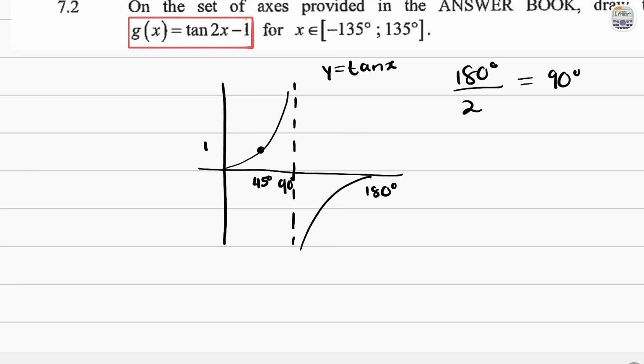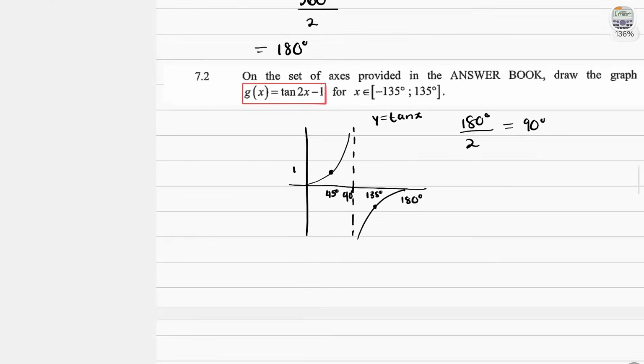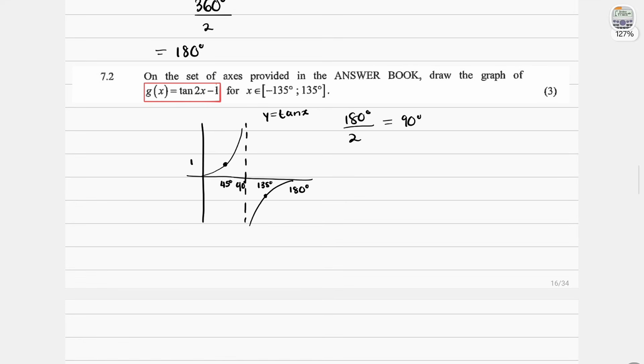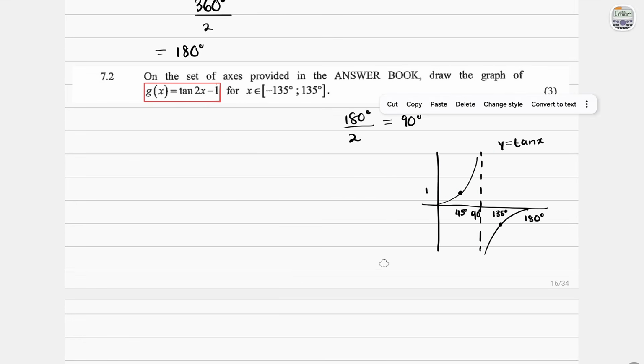So you know the new graph will have a y value of 1 at half of this. We'll just put down things that actually show up there. And where it has a y value of negative 1, at 135 degrees, the new graph would have that at half of this. So I'm just going to put this on the side and let's put down our graph.